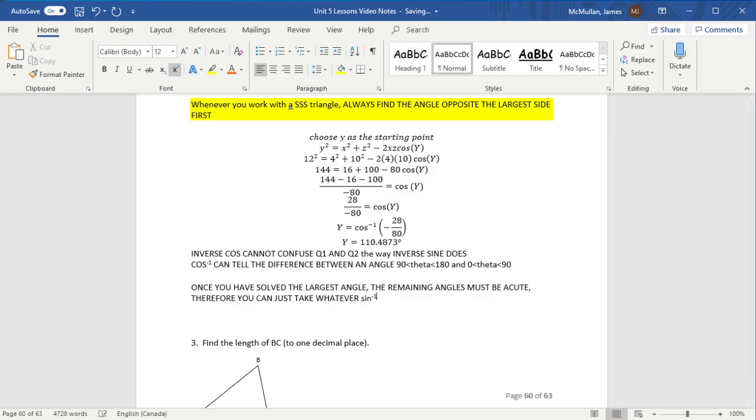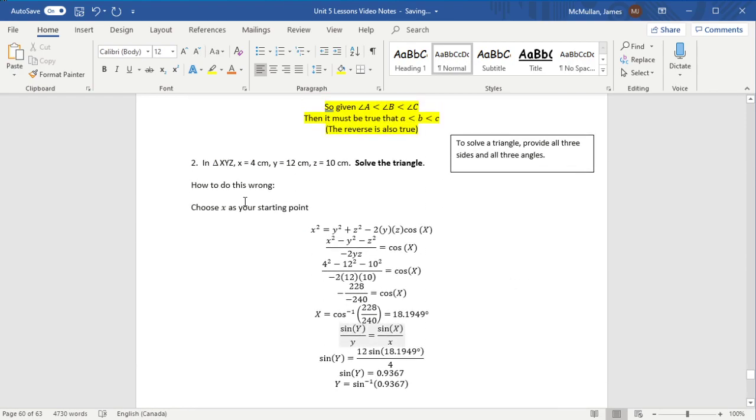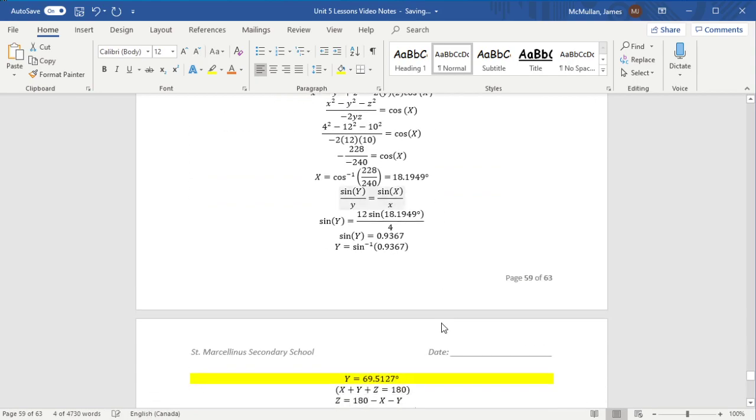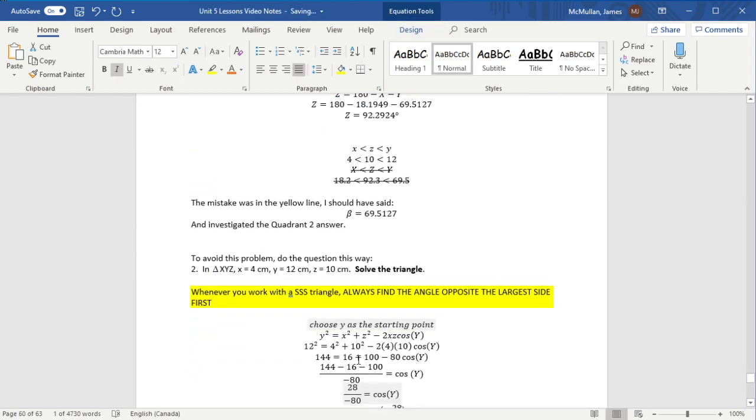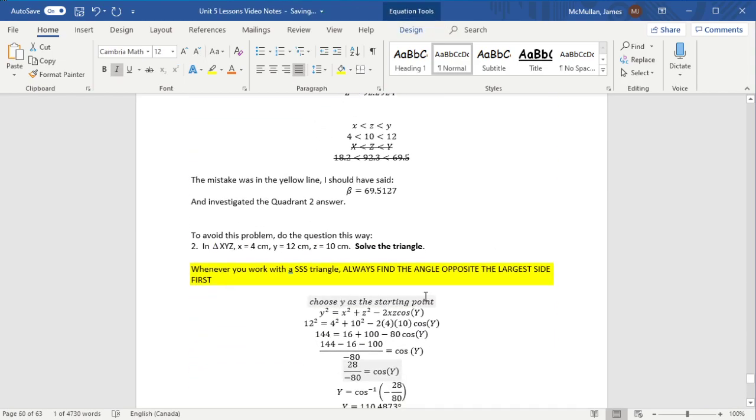The problem when you're doing a side-side-side triangle is if you do not start with the biggest side, you introduce the possibility that you're going to mess up the obtuse angle. If you start with the longest side, you cannot make this error.